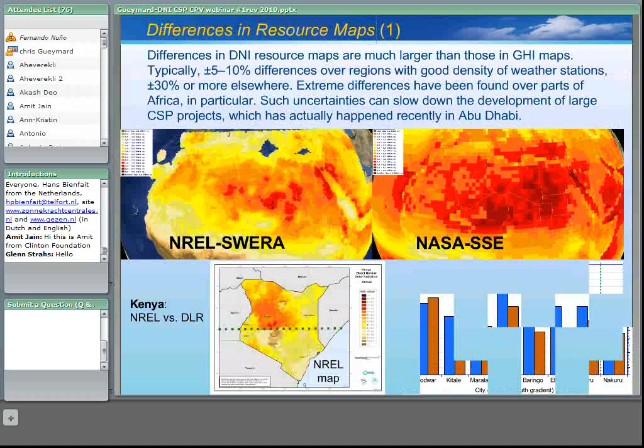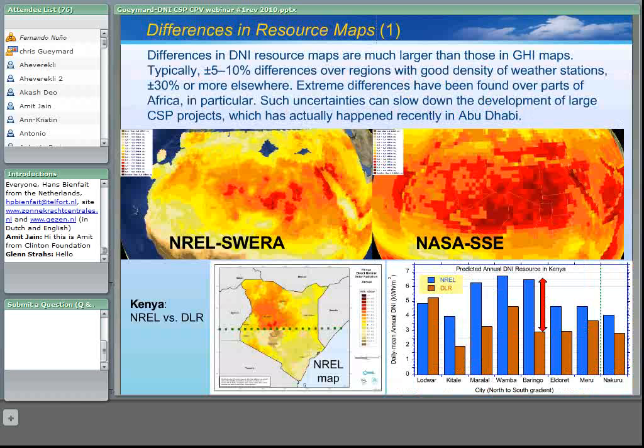Now we have done this study for Kenya, comparing the resource map from NREL and from DLR. And Kenya is sitting on the equator. The northern part is a little bit sunnier, certainly, but still the differences for those two data sets are quite important at some locations.